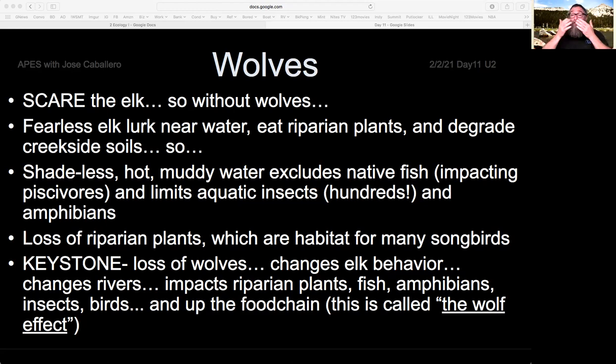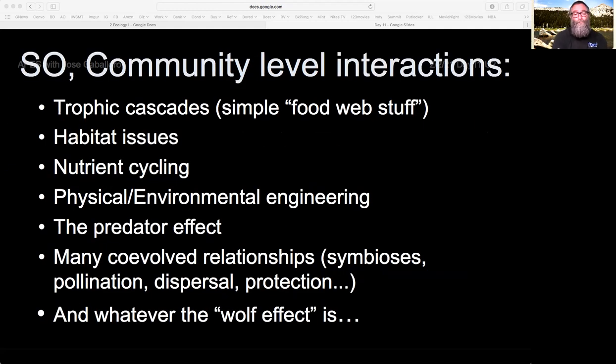There are more sounds and more smells and more things to see because wolves are back and the elk are scared again. This is so complicated that it's just called the wolf effect. You should really Google this sometime. And here comes your last slide.